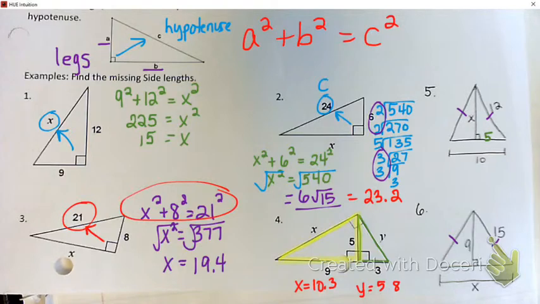Okay? So, if I'm trying to find x and I have 5 at the bottom and 12, is 12 the hypotenuse or not? Yes, it is. So that's the C, okay, because it's across from the 90. So we have x squared plus 5 squared equals 12 squared.